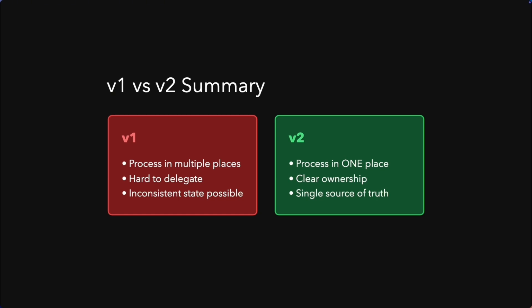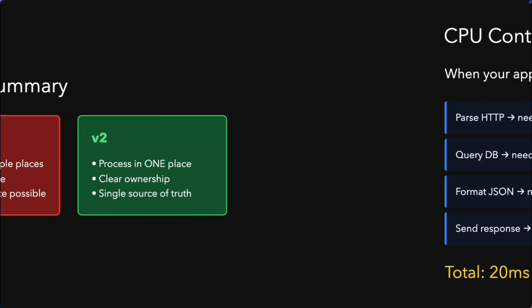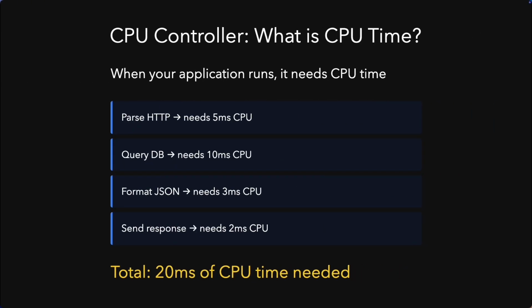Before we dive into the mechanisms, let's establish what CPU control actually means. When your application runs, for example processing an HTTP request, parsing JSON, or running a database query, it needs CPU time. And CPU time is literally the processor executing your code's instructions.